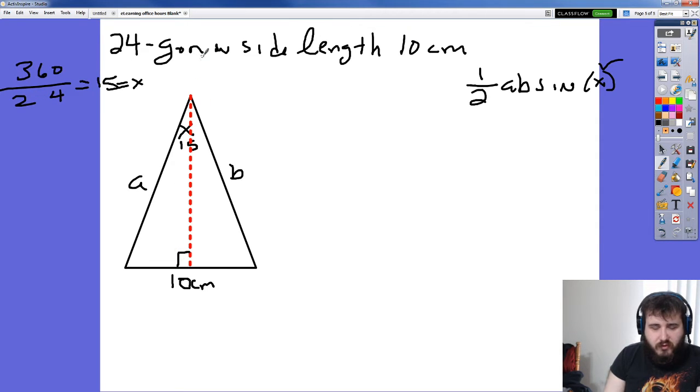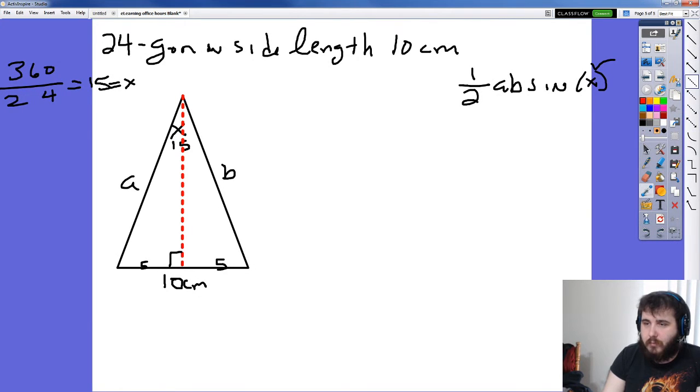We have sliced this triangle completely in half, which means that this piece is 5, this piece is 5. And it doesn't matter which side we do because either one's the same. So I'm going to draw the slice out here.